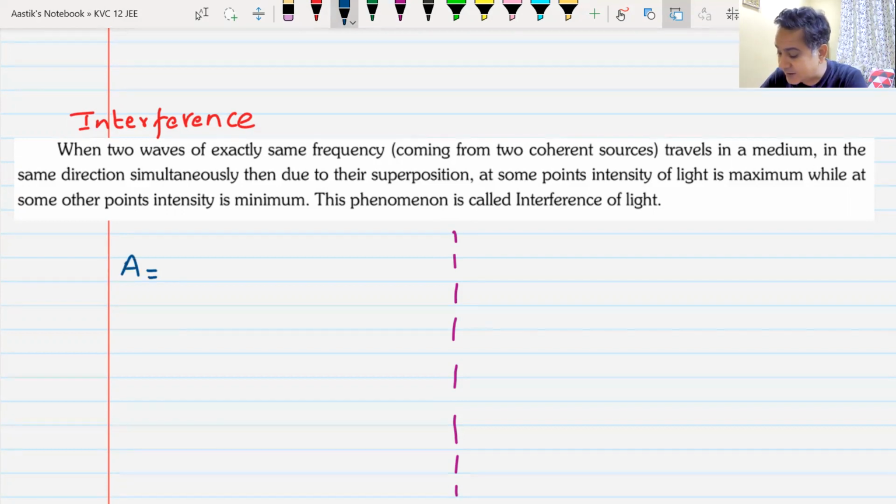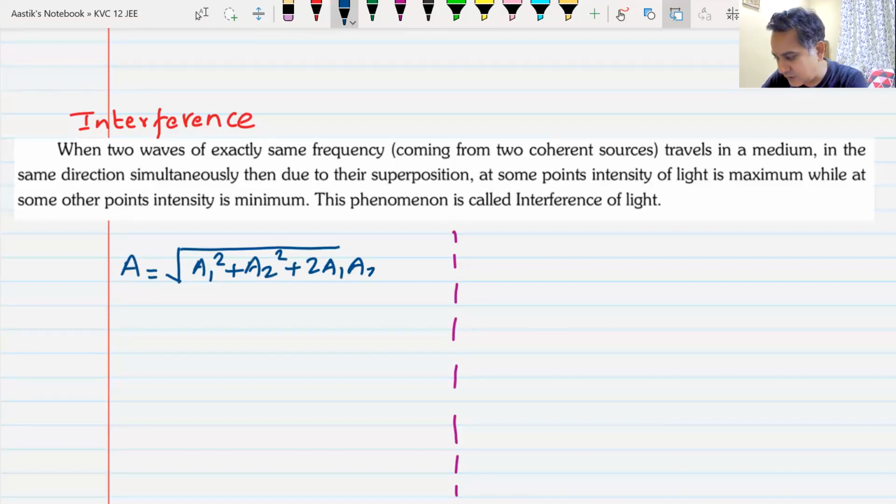The formula of resultant amplitude was under root of a1 square plus a2 square plus 2 times a1 a2 cos phi, where phi was the phase difference between them. Now, this resultant amplitude depends on a1 and a2, obviously. But apart from a1 and a2, it also depends on the value of cos phi. Yes or no?